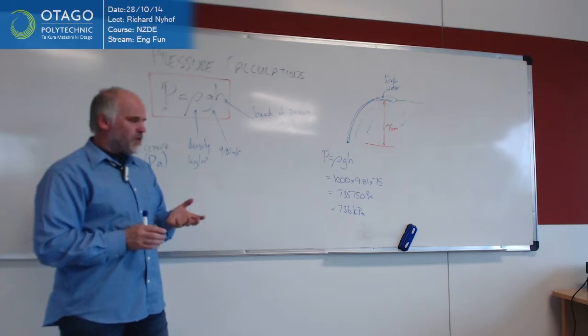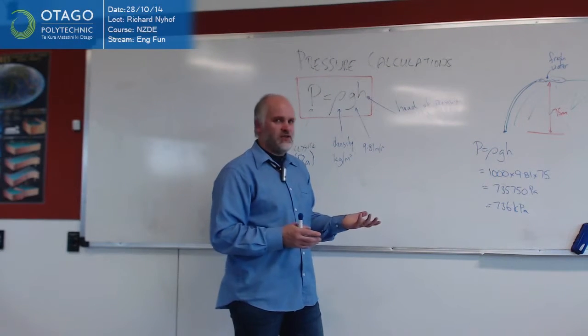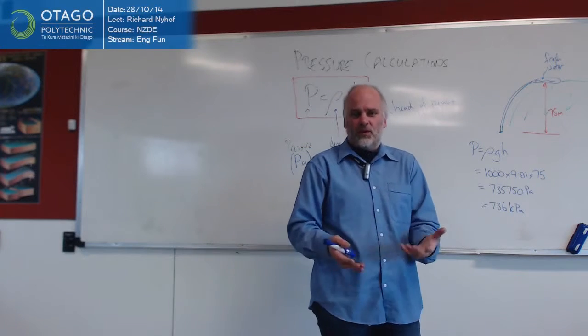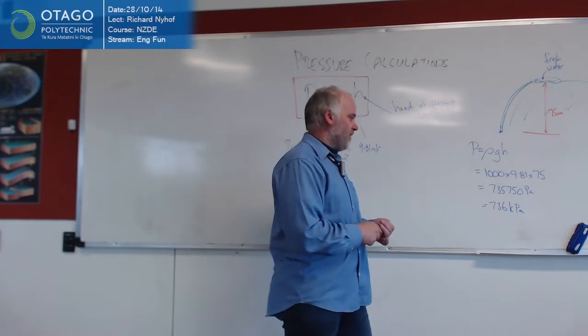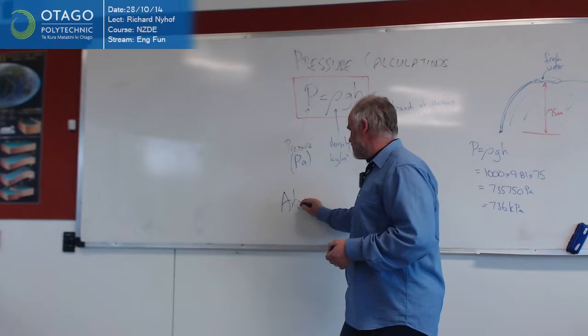I guess a question that springs to mind is, is that very much? Is 736 kilopascals a high pressure or a low pressure, and what does it relate to? One thing that we have to relate things to is atmospheric pressure.